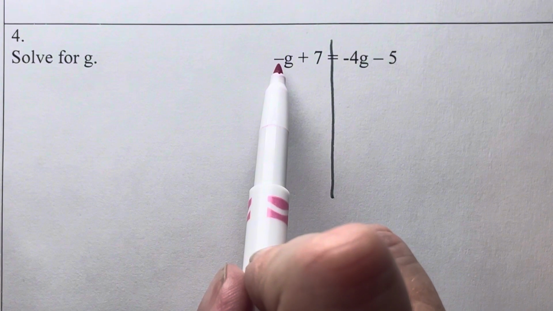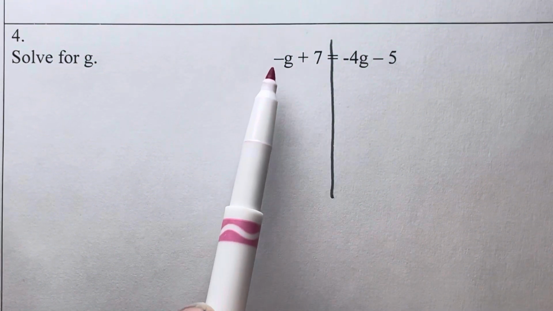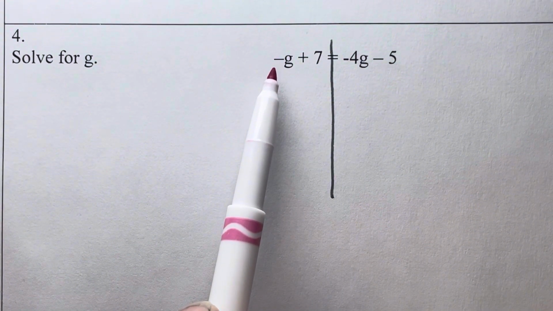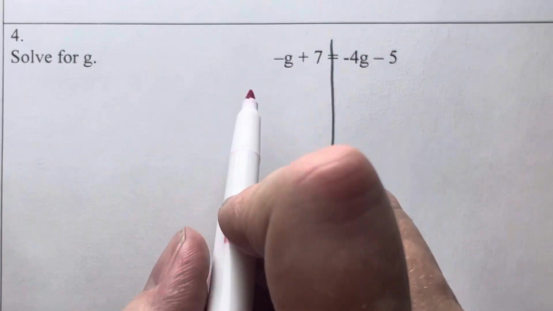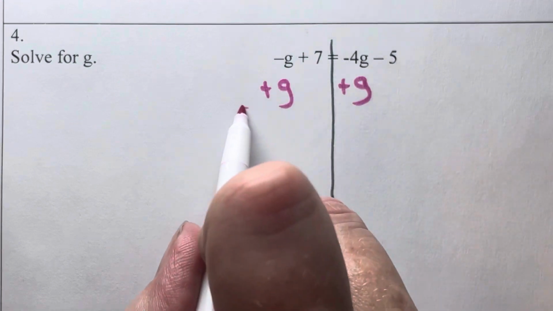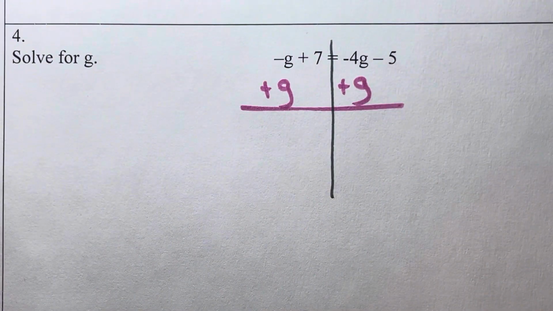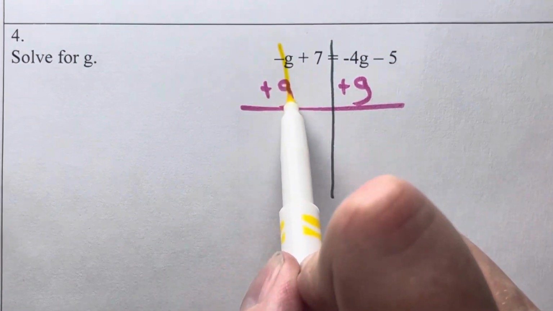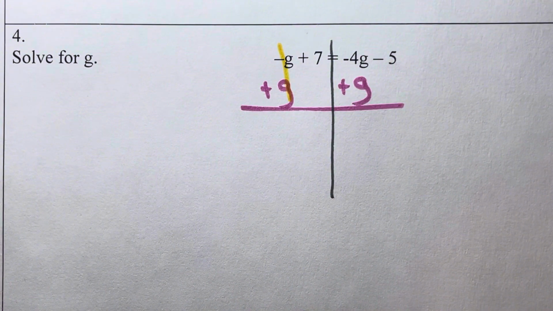Now we do this, as always, by using our opposite sign. Currently this is a negative g, so its opposite is to add g on both sides of the river. And just like normal, the whole point of this was to get all of the g's, or the giraffes as we might say, onto one side of the river.